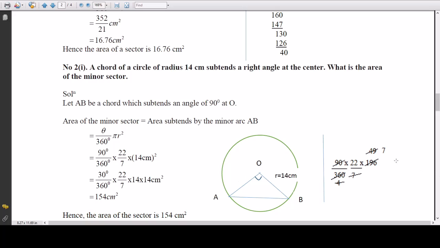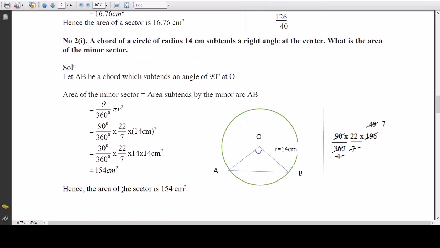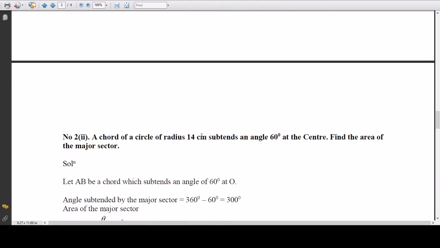Then 14 square is 196. Cancelling this 196 with 4, you have 49. Then 7 7s are 49. Then the remaining 7 multiply 22, which is 154, is the area of the sector which makes an angle of 90 degrees at the center. Going to the next problem.